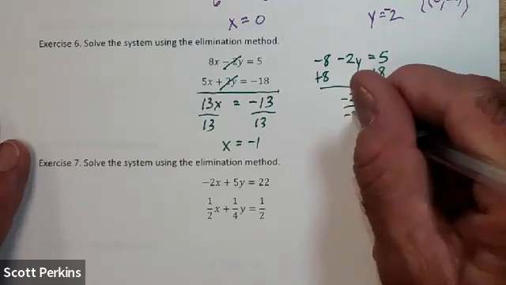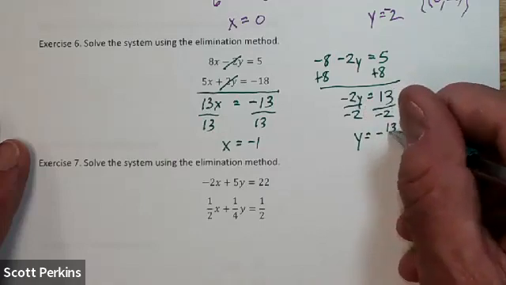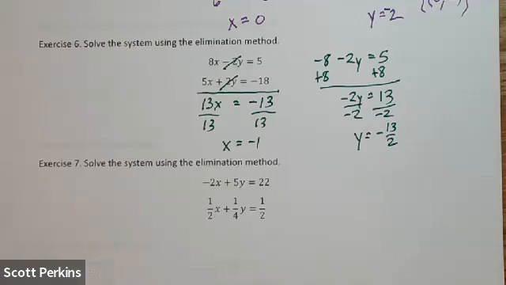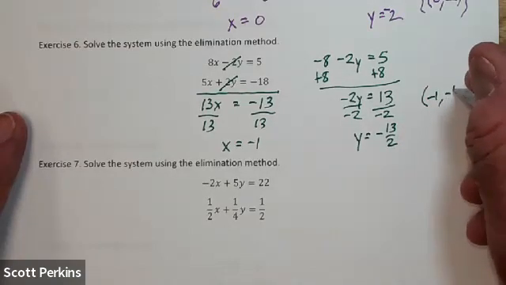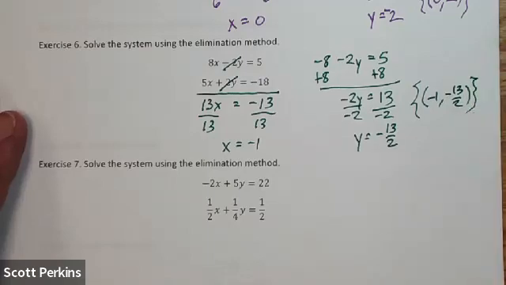And when I divide by -2, I get y is equal to -13/2, or -6.5 if you prefer a decimal. That's okay. Remember, the strength in not graphing to solve is that we can identify when we have fractional answers. So that's a perfectly wonderful answer. And so we've got -1 and -13/2. I'm going to put some braces around it, and I'm done with that problem.